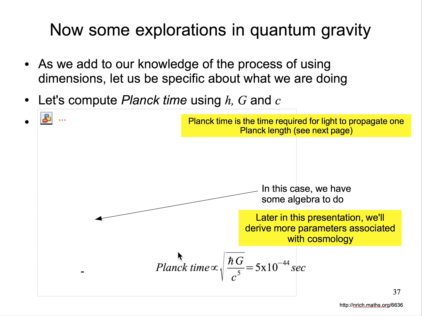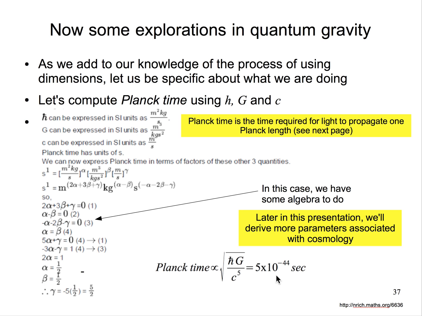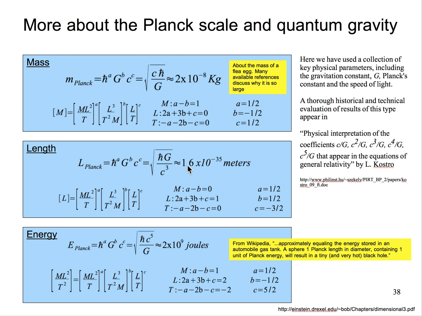So even though, as we saw here, the Planck time is exceedingly short, and the Planck length is very short, the Planck mass implies a Planck energy, which is macroscopic. You would notice this if somebody handed it to you, because it's, as I say, the energy in a tank of gasoline.